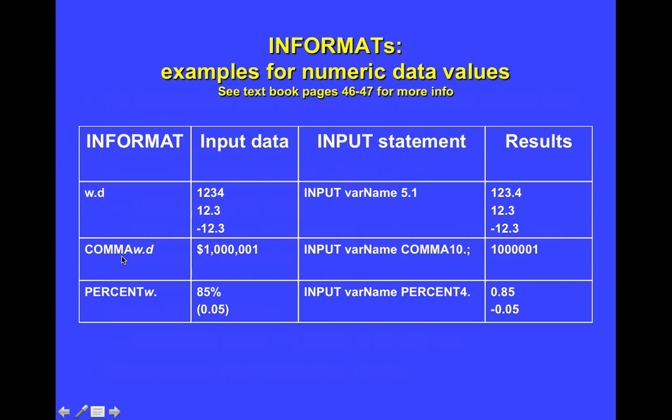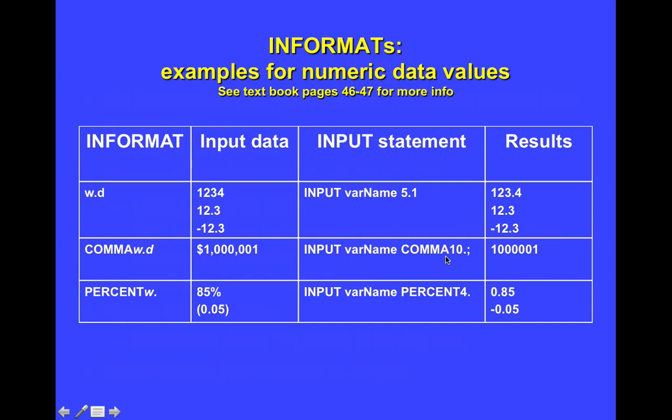So for example, the comma informat is commonly used when you're reading in raw data that contains commas. So you might have some raw data in this format, some incomes or something with a specification of currency, and then you have commas embedded in that.